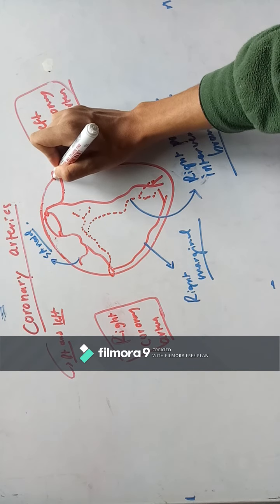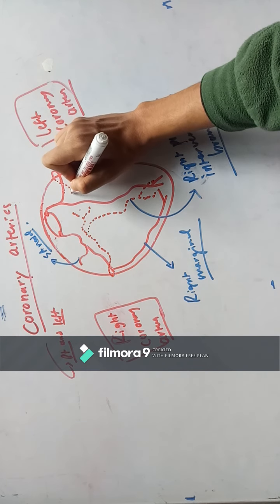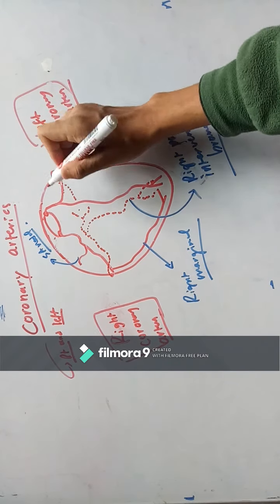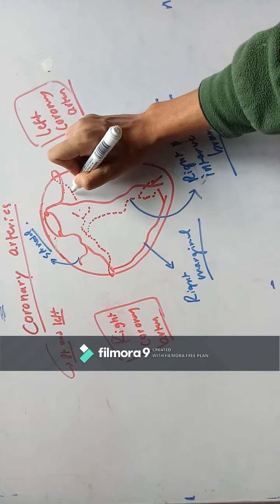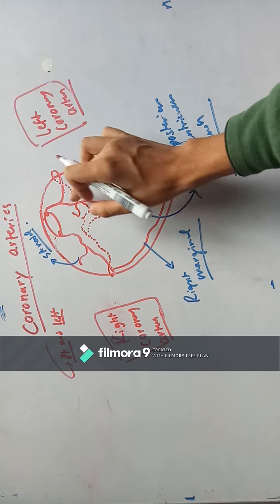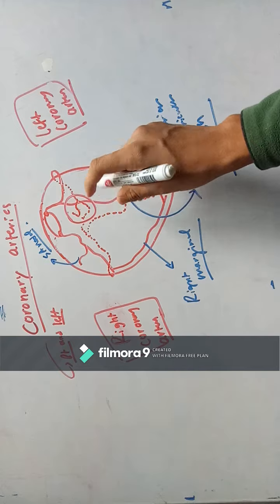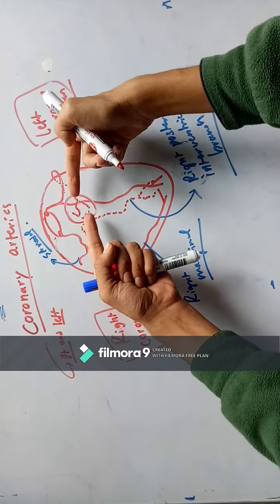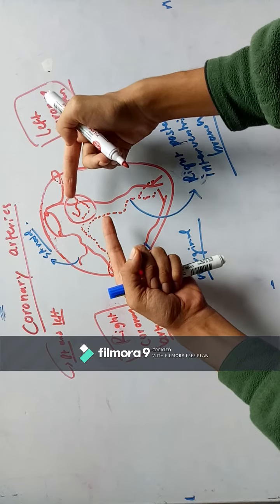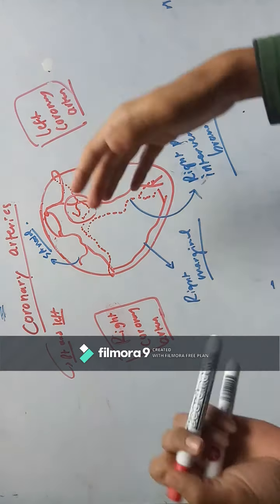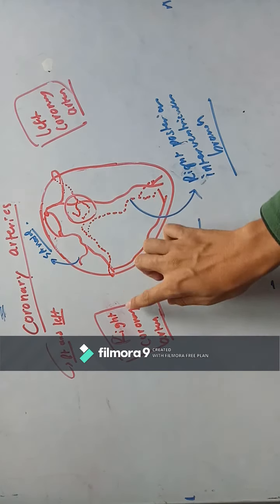Now the circumflex branch moves along the arterioventricular groove, and then it moves towards the posterior side, and at the crux of the heart, anastomosis happens. Anastomosis is basically the clinical term for connection.